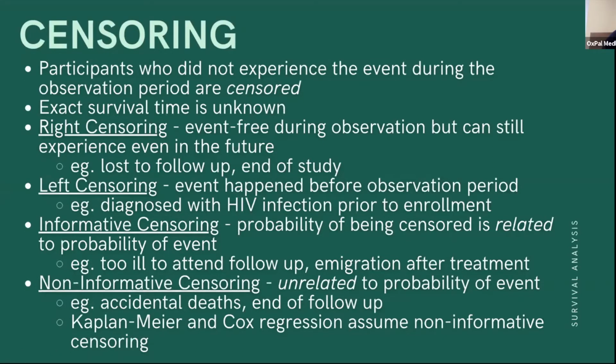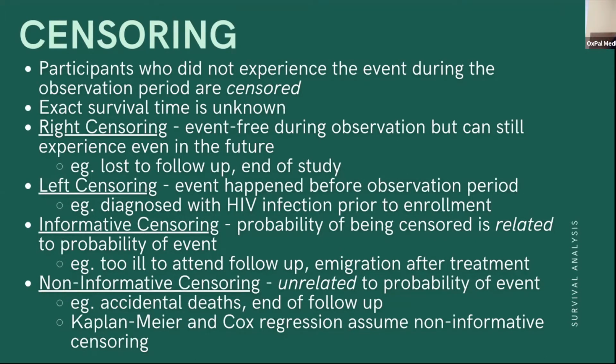The official term is censored, but as long as patients do not experience the event during the observation period when you conduct your study, they're considered censored. It's important to take note of them because we don't know exactly what their survival time is, or what the odds are of them surviving. We don't have any information within this subgroup of participants.